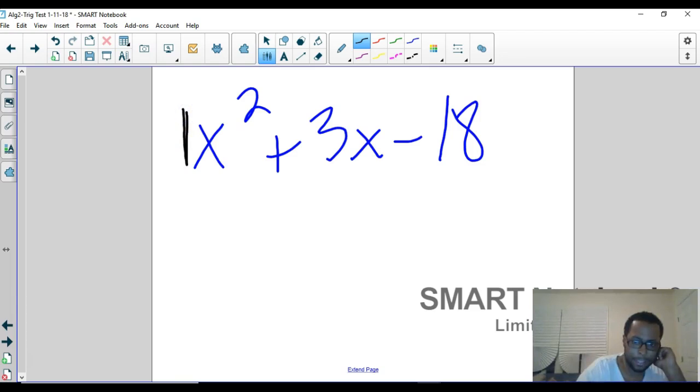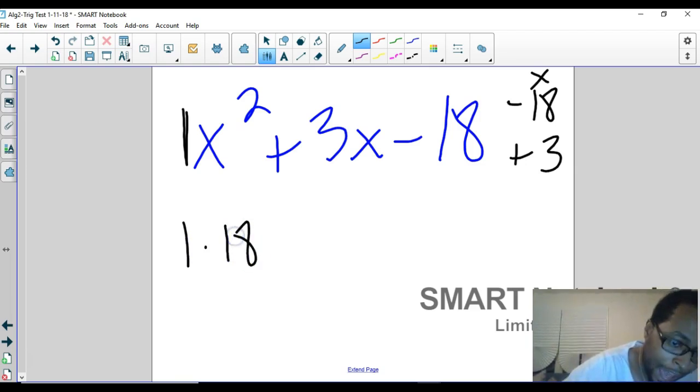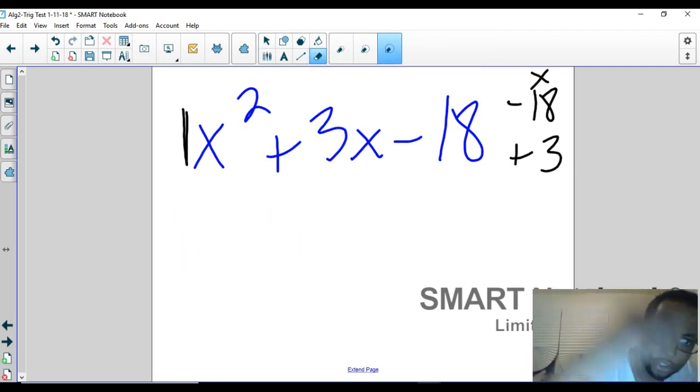Same understanding. Because there's a 1 here, a times c is negative 18. So I need numbers that multiply to give me negative 18 and add to give me 3. Again, go through the numbers. My first pair is always going to be 1 and 18. I add this, I get 19. I subtract this, I get 17. Not going to work. Next, 2 and 9.